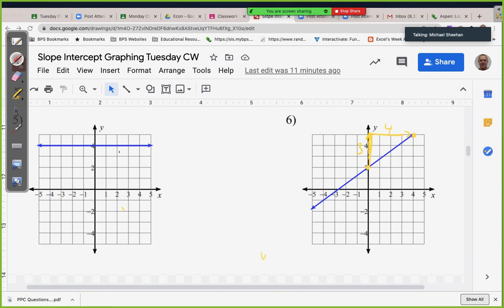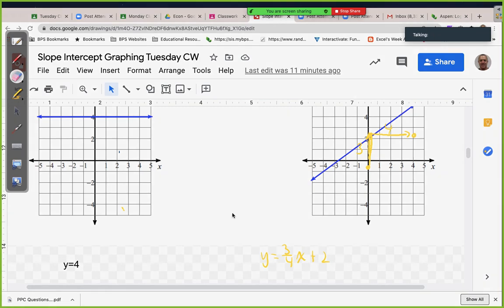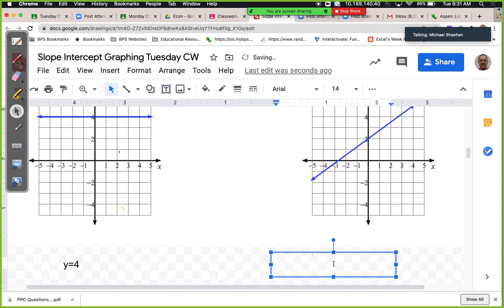So here's what we want to write. On your keyboard, we don't have an equation editor here, so we'll just insert a text box, and we'll do it like this: y equals 3/4 x plus 2, like that.